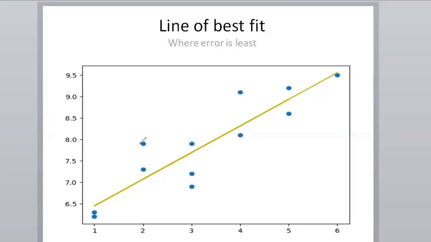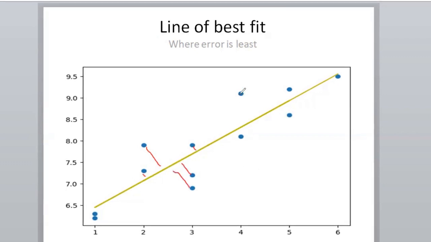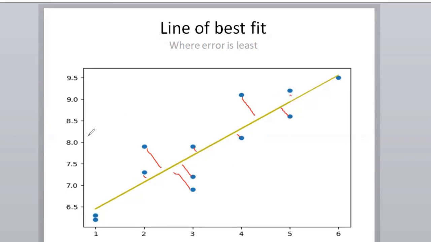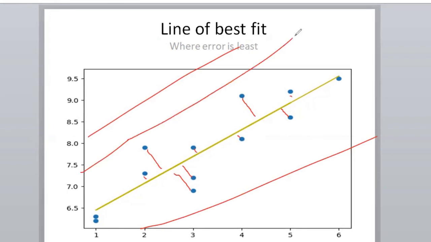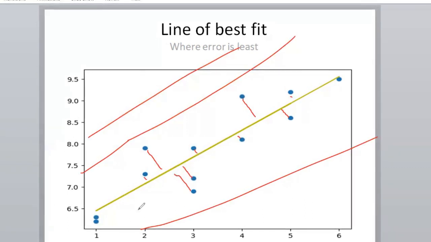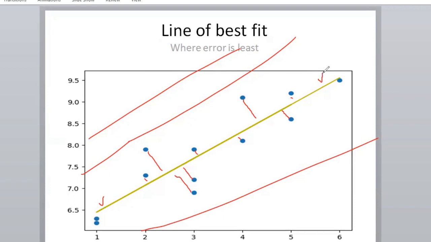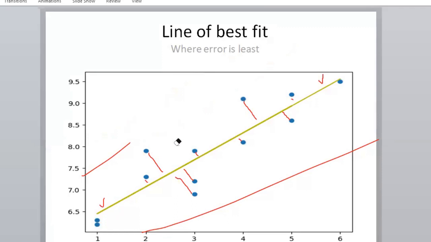If you calculate the distance of each data point to the line, this, this, this, and these all distances, it will give the minimum value compared to any other line on this graph. Any other straight line will have more distance than this line. As this green line has the least distance, this is the best line of fit drawn by our model.